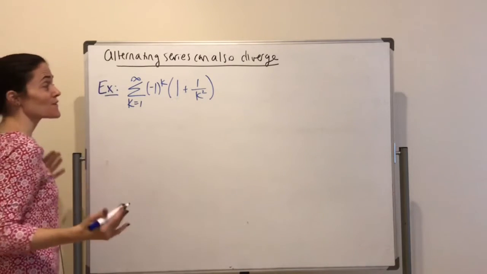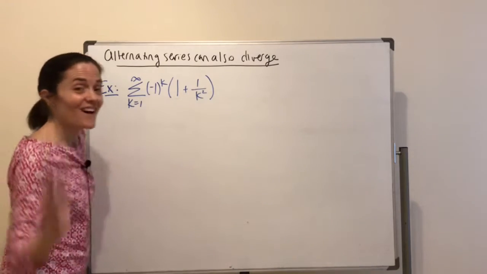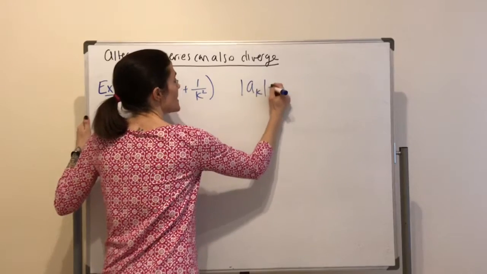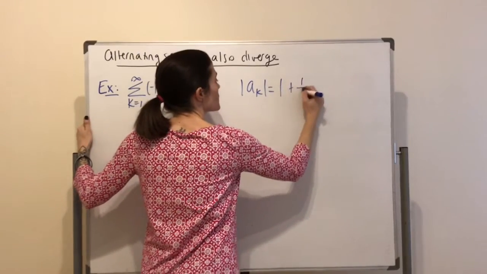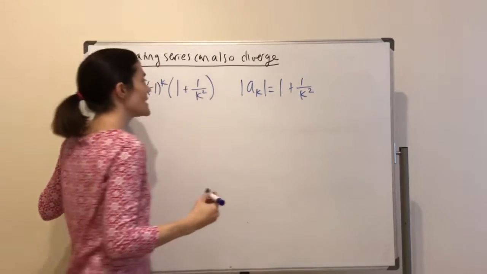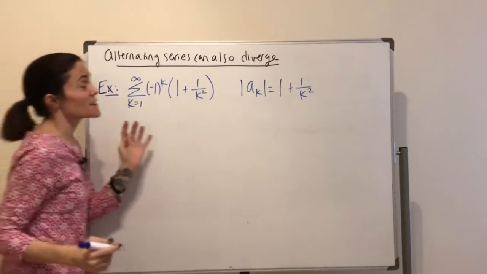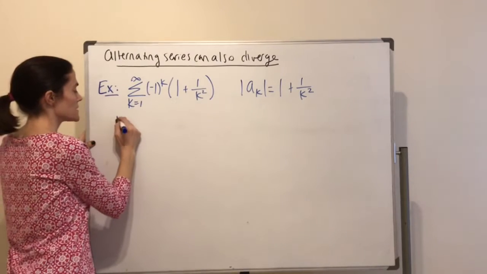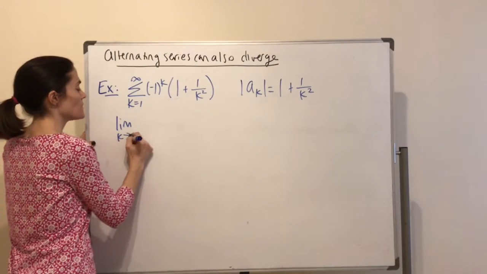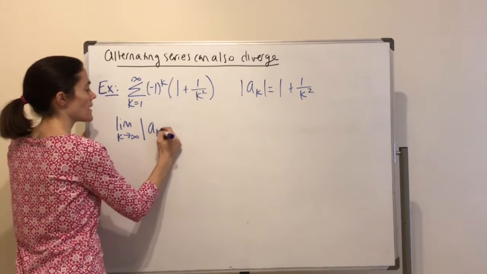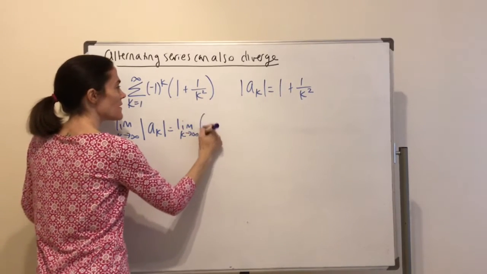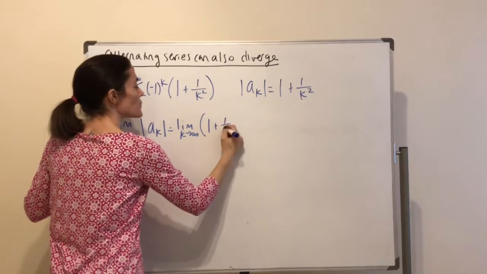Well, what's happening here? Let's look, first of all, this is definitely alternating because the absolute value of a_k is 1 plus 1 over k squared. If we started thinking about the absolute value of a_k, what do we notice? The limit as k goes to infinity of the absolute value of a_k is the limit as k goes to infinity of 1 plus 1 over k squared.